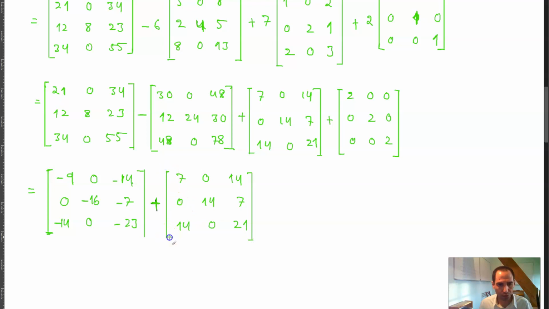This whole operation would be done by a computer probably in a microsecond, meaning 1/1,000,000th of a second or so. I mean, with the processors that we have today. And 2, 0, 0, 0, 2, 0, 0, 0, 2.